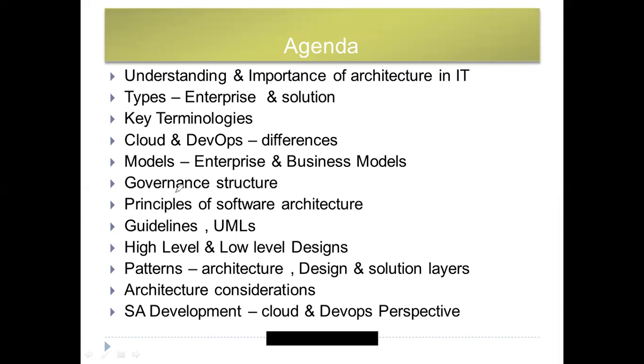So there is a governance structure which you have to adopt, because governance structure is majorly confined to standards, rules and regulations, policies and procedures. This is also one of the key elements of governance structure that you must be good with. Clear to you? Yes.